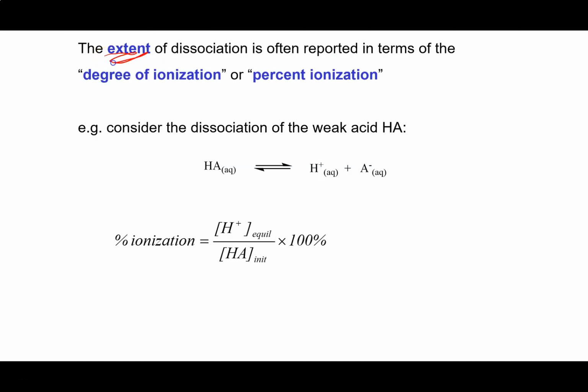So there are other ways other than Ka of expressing the extent of dissociation of an acid, and a very common one is what's referred to as the percent ionization, or sometimes it's called the degree of ionization. And all it is, when we have a weak acid, is that we take the ratio of the equilibrium hydrogen ion concentration to the initial acid concentration and times it by 100.